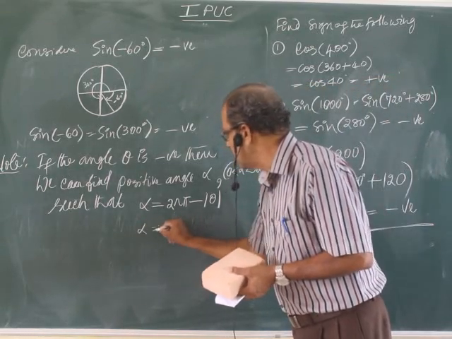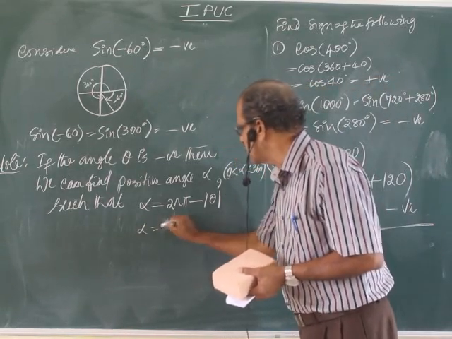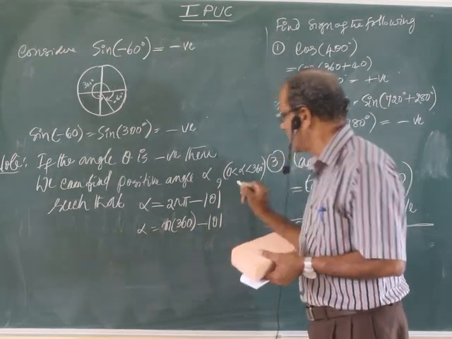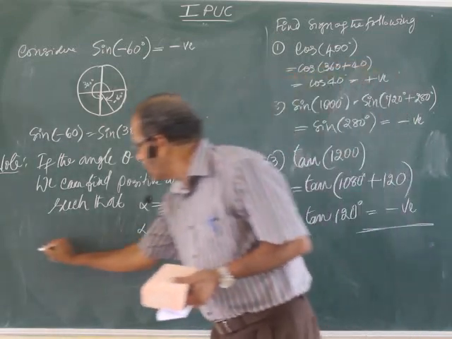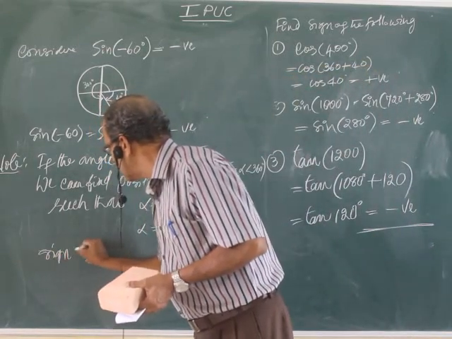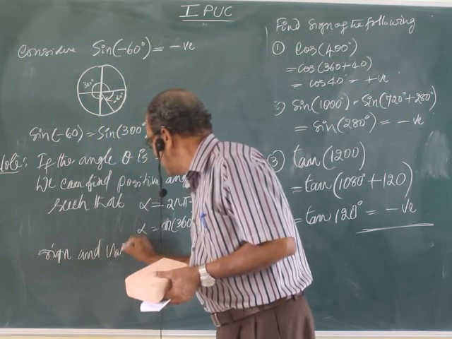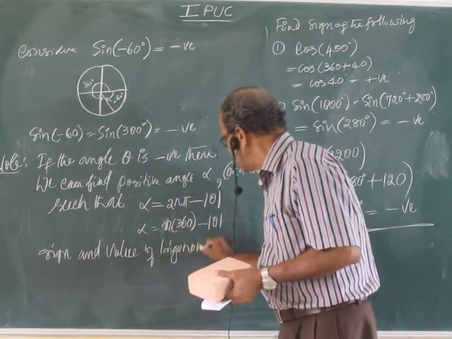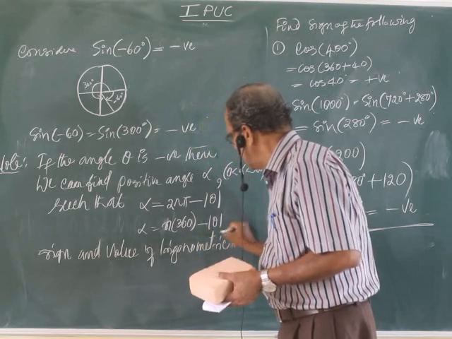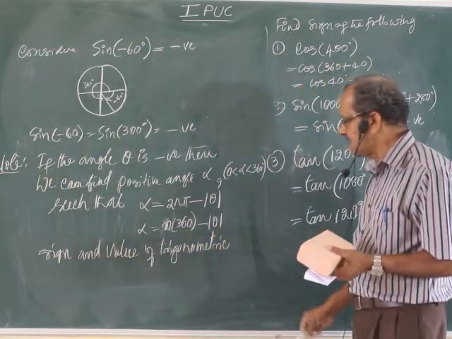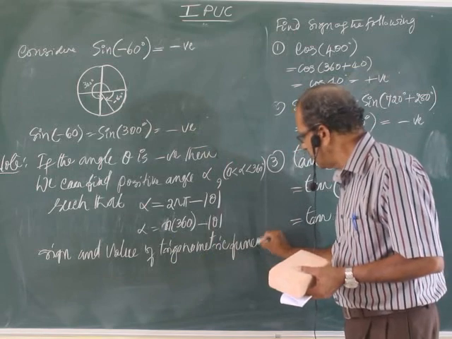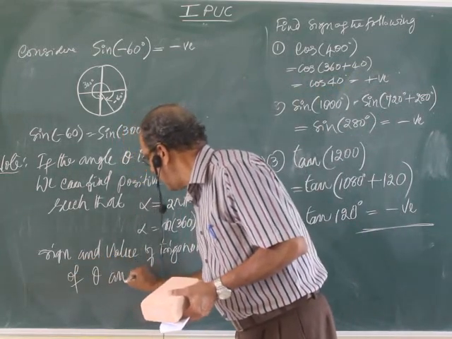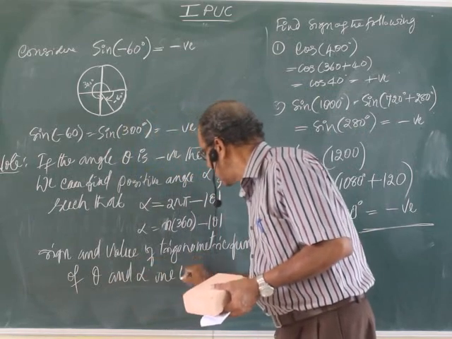If you want in degrees, let me do that also: n into 360 minus mod theta. The sign and value of the trigonometric ratio of theta and alpha are the same.